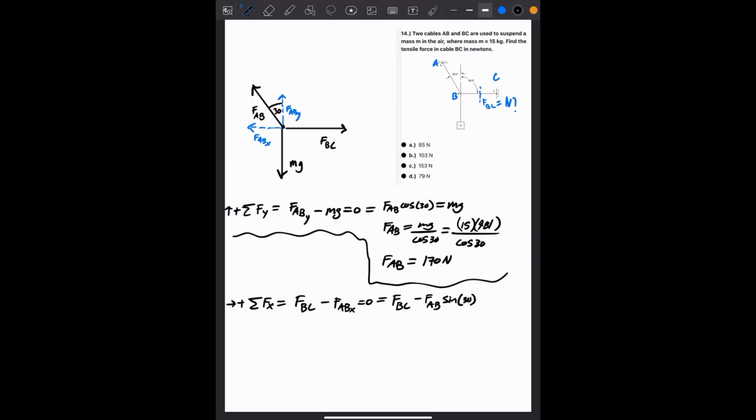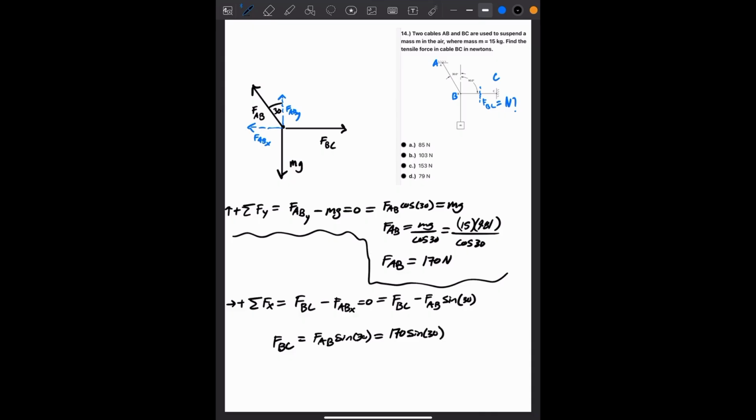And so let's finish this off. We can say that FBC is equal to FAB sine 30, which is equal to 170 sine 30.